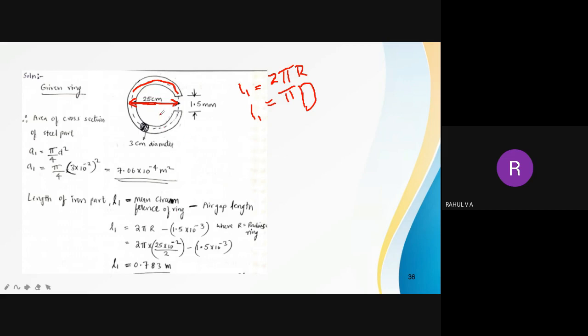If you find pi into d, then you will get the total mean length of this material. After finding pi into d, you have to subtract the length of the air gap, 1.5 mm. So that is the actual mean length of this material.